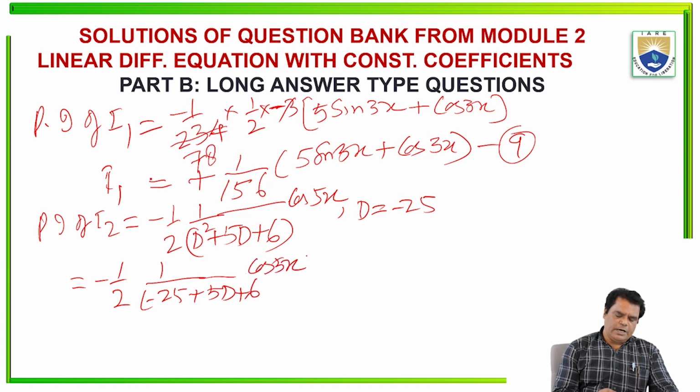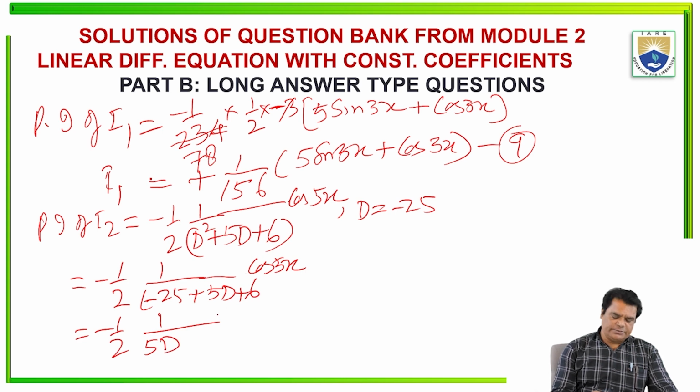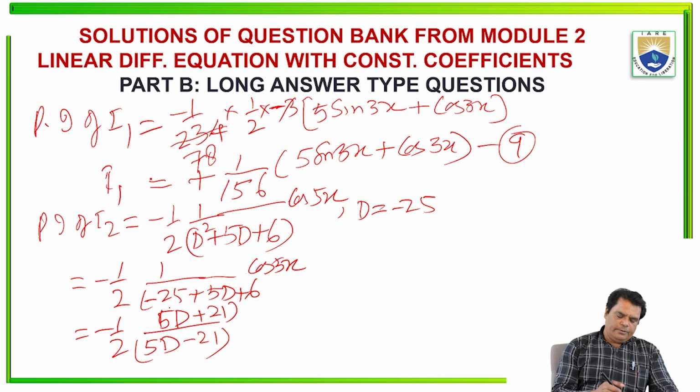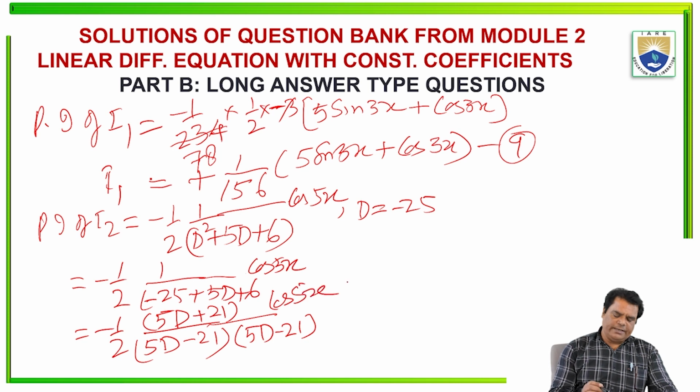Now this equals minus 1 upon 2, and here 5D, 25 plus 6 minus 21. Multiply its conjugate, 5D plus 21 and 5D minus 21, into cos 5x.